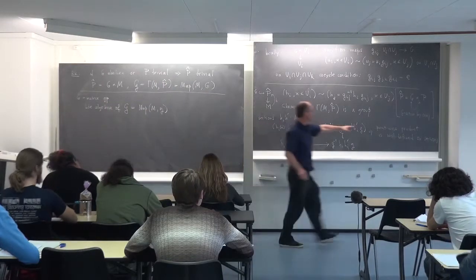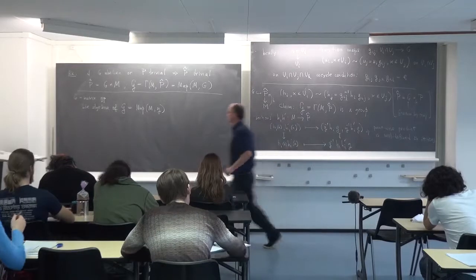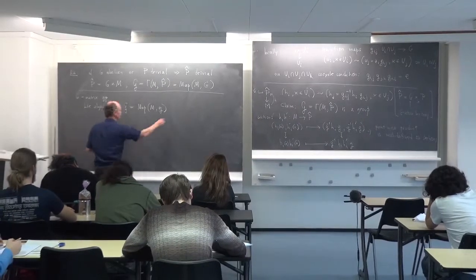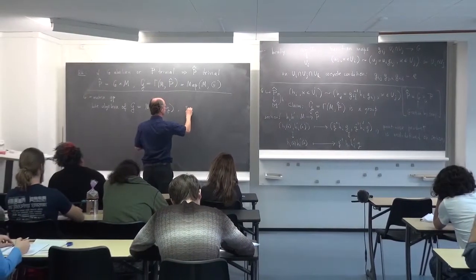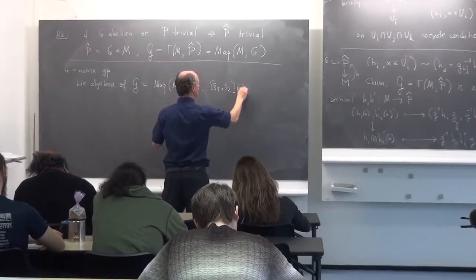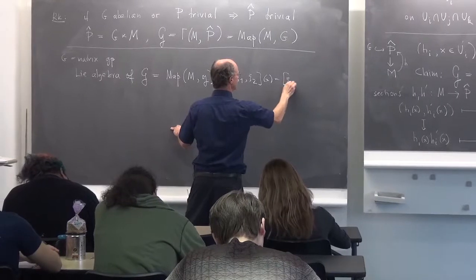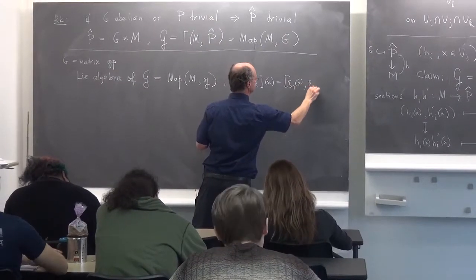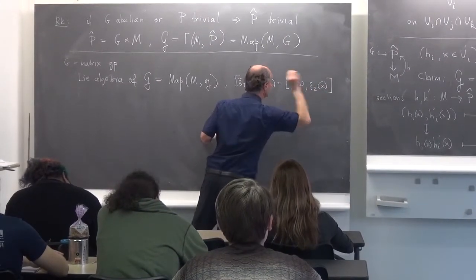This is a pointwise product. So the Lie bracket will be a pointwise commutator. So [xi1, xi2](x) is [xi1(x), xi2(x)].